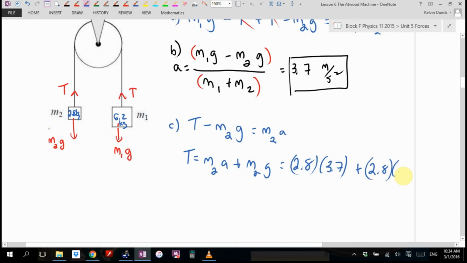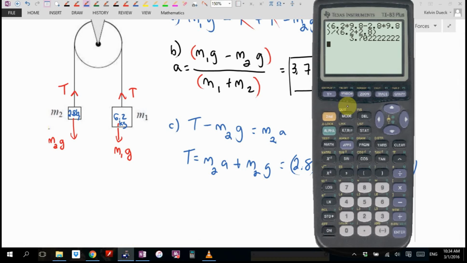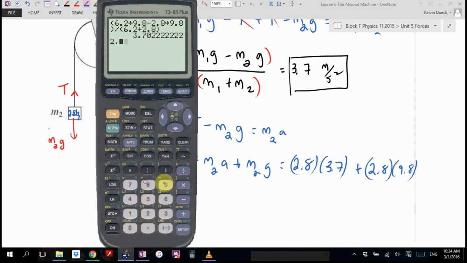How big is G? 9.8. I'm going to use my answer button. So I'm going to go 2.8 times answer plus 2.8 times 9.8. Tension is 37.8 newtons. You'd get the same answer with the other mass.